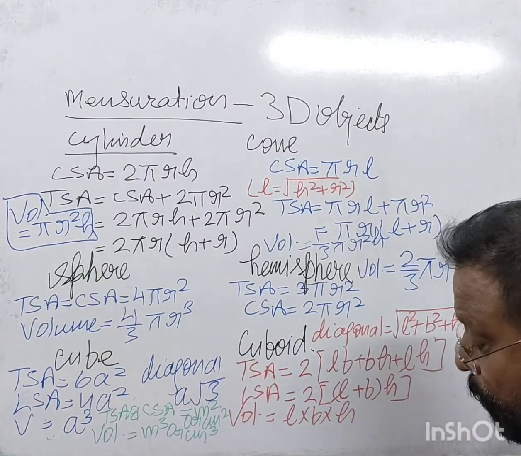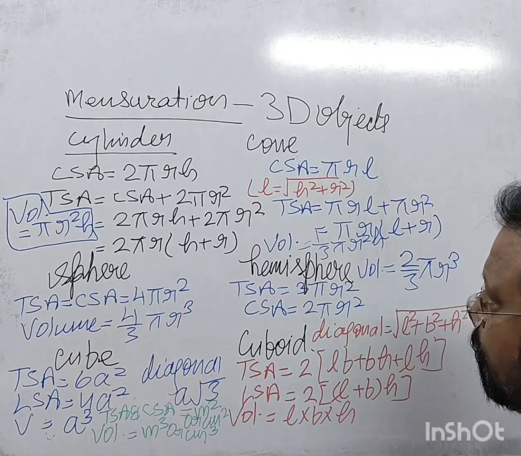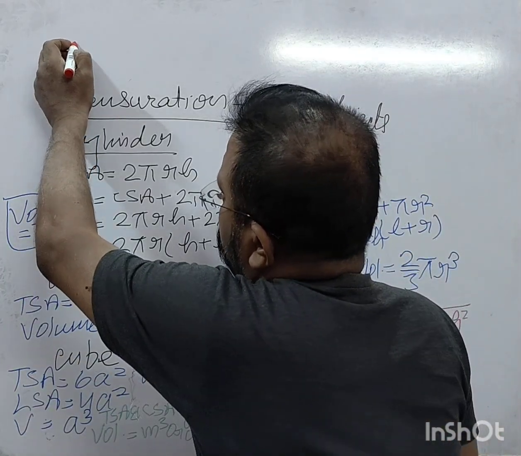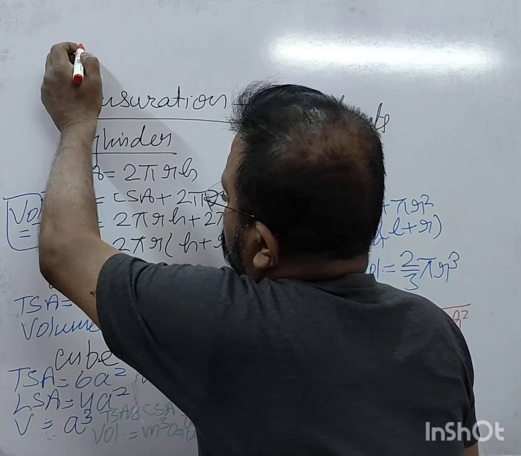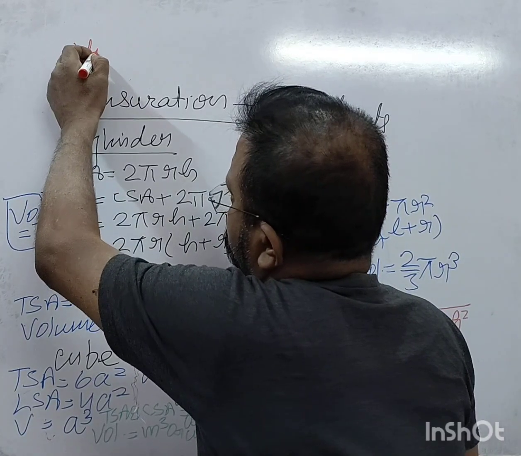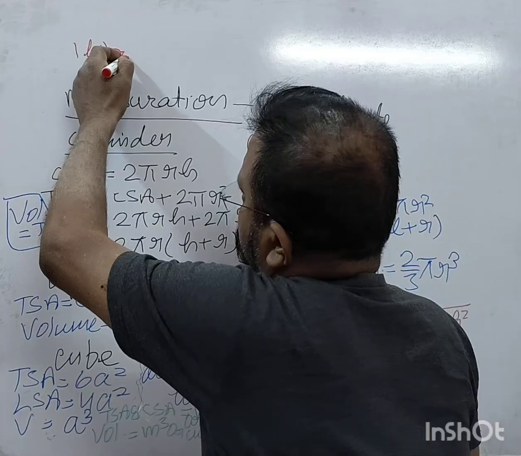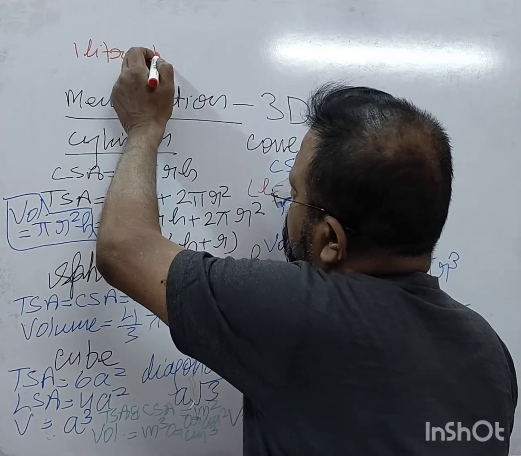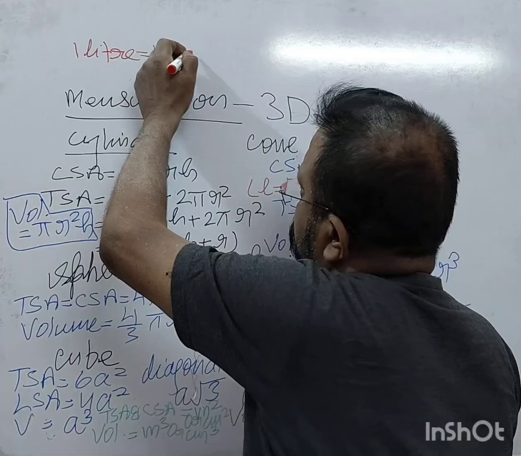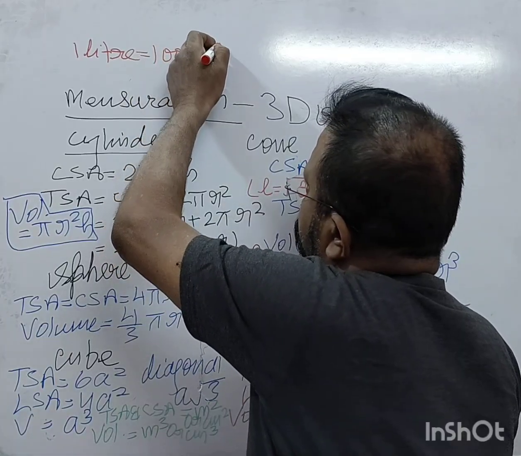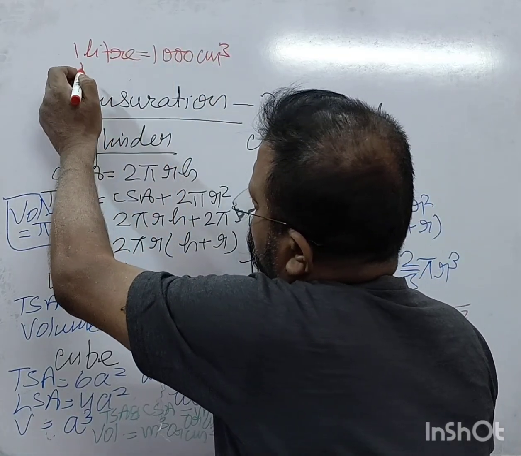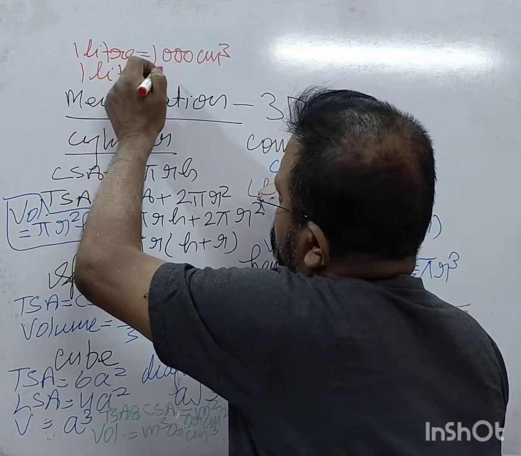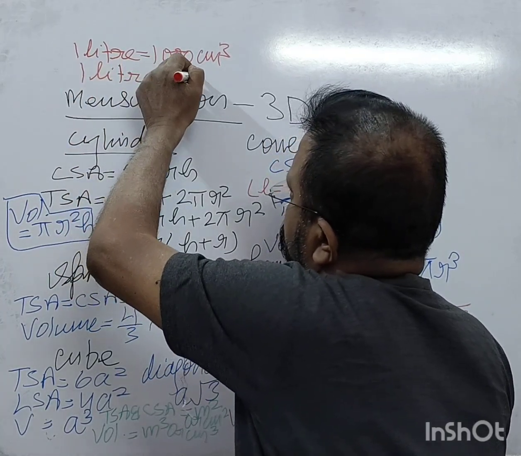And one more important thing is that 1 liter is equal to 1000 centimeter cube. 1 liter is equal to 1000 ml.